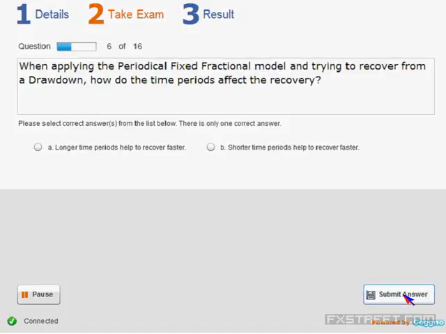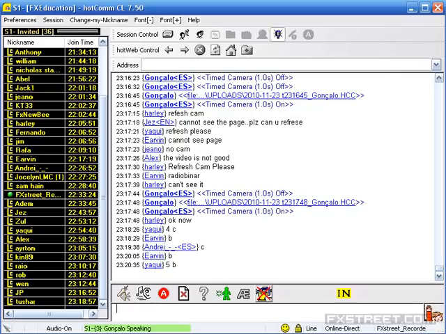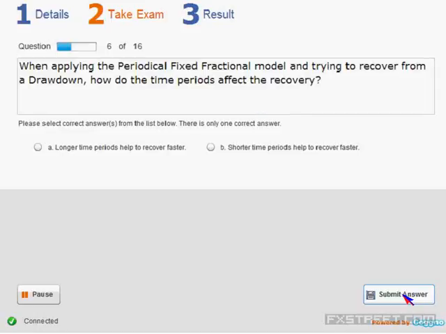And the next question is, when applying the periodical fixed fractional model and trying to recover from a drawdown, how do the time periods affect the recovery? Basically, what we have seen when describing periodical fixed fractional was that the fixed fraction is calculated the same way as in the classical fixed fractional model, but we wait for a certain amount of time to recalculate again the position size.